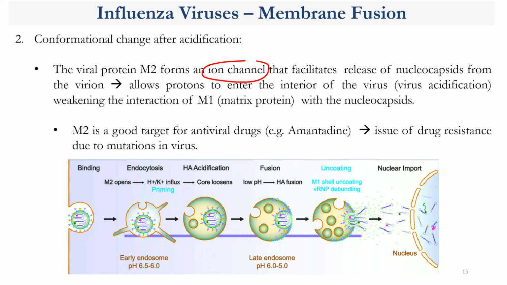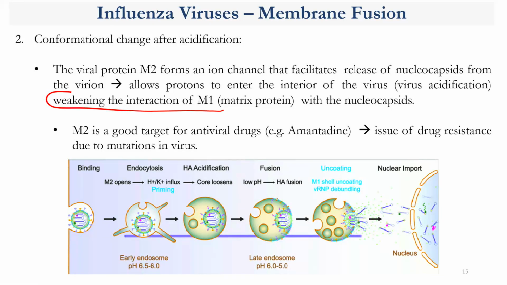The way that works is basically it allows acidification to happen. It allows the protons to enter the virus interior, so it acidifies the virus itself, and as a result, it weakens the interaction of your matrix protein with the rest of the nucleocapsids.